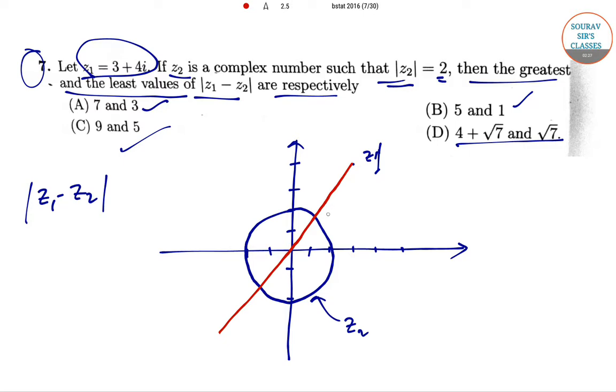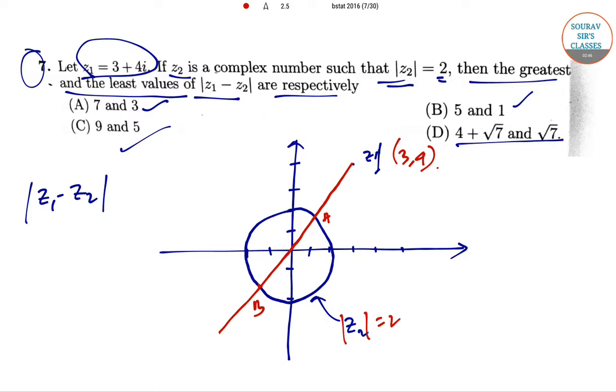Therefore we see that this line intersects mod Z2 equal to 2 at 2 points. Let this be point A and this be point B. So this is the point 3, 4.